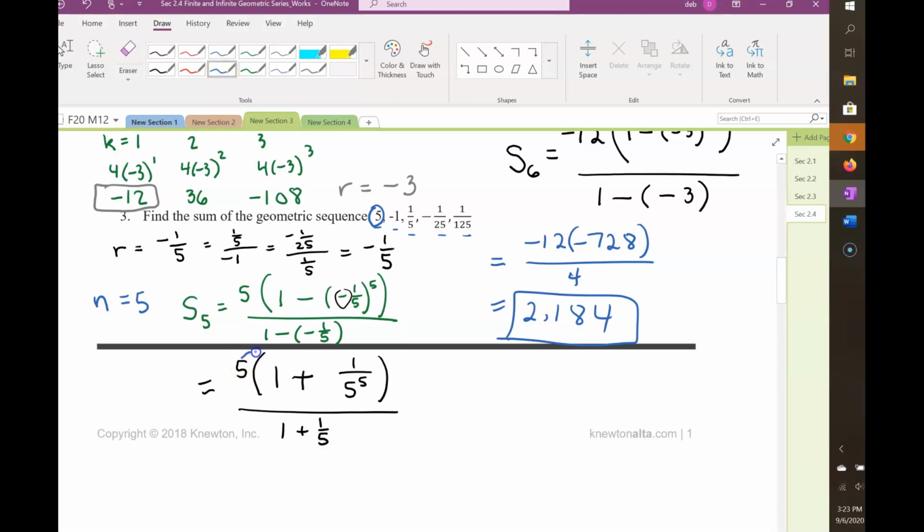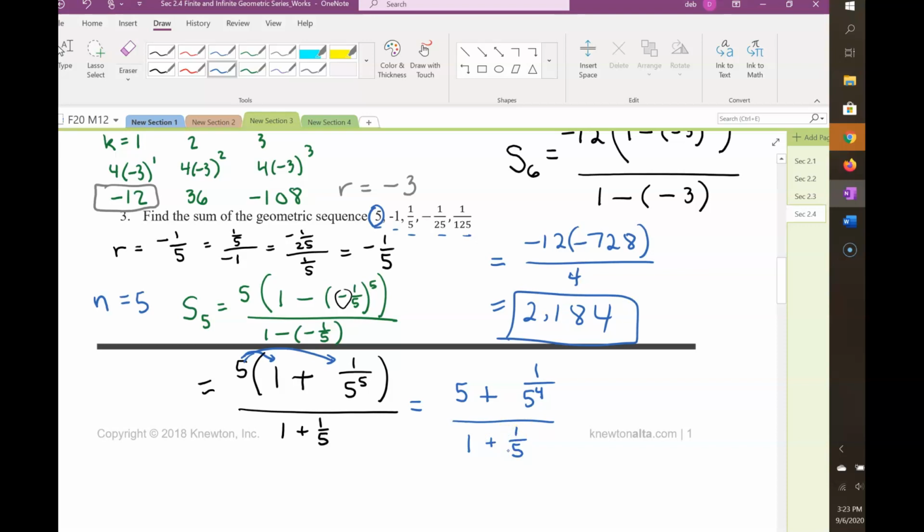Then I'm going to distribute this 5, because that's going to simplify the numerator a little bit and make it 5 plus 1 over 5 to the 4th, because this 5 I'm multiplying by will cancel one of the 5's in the denominator.